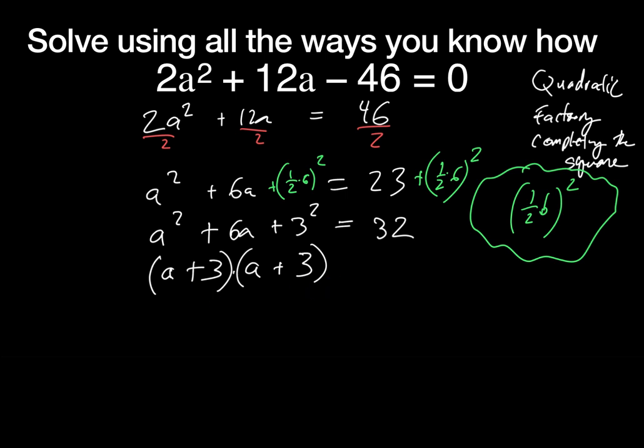To find the area of a square, it's side times side because the sides are the same length. So if I were to make a geometric model of this, it would be a square where one side is a plus 3, the other side is a plus 3. Anything times itself is squared.